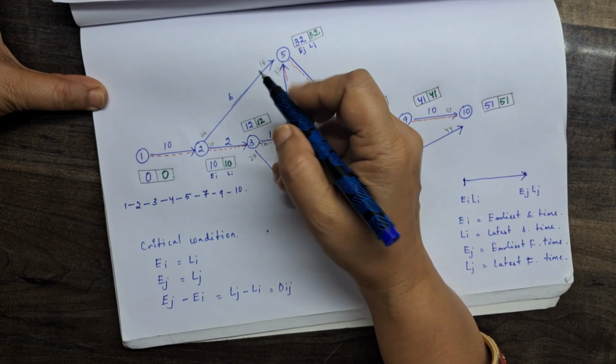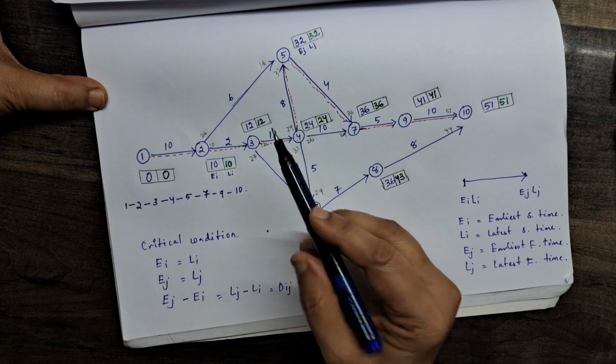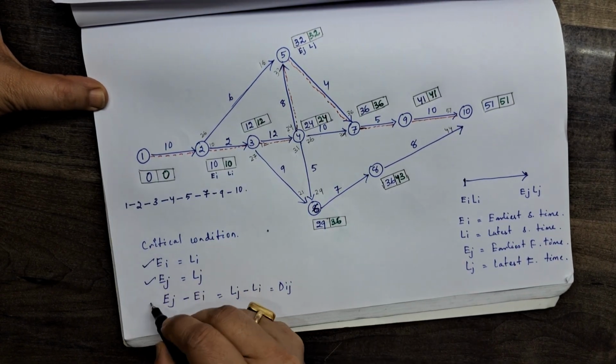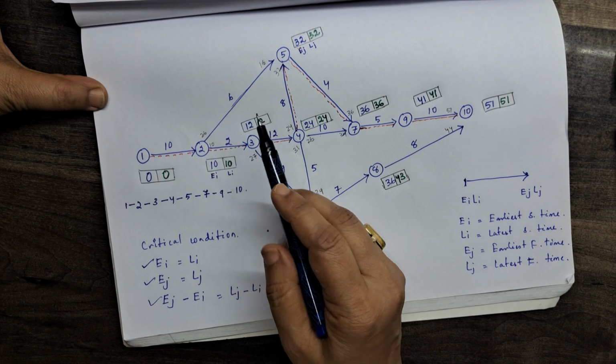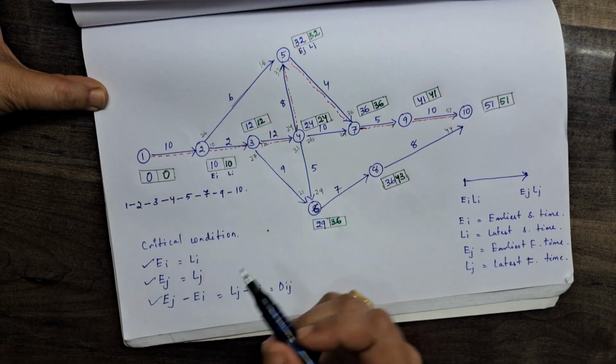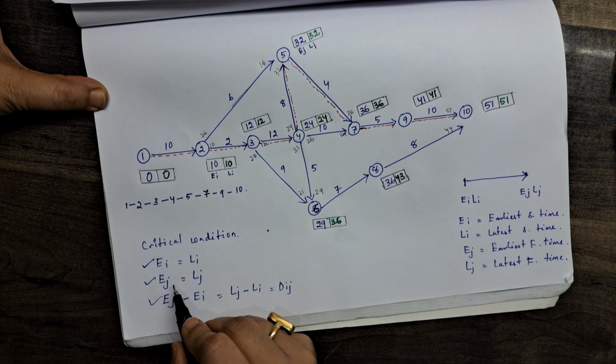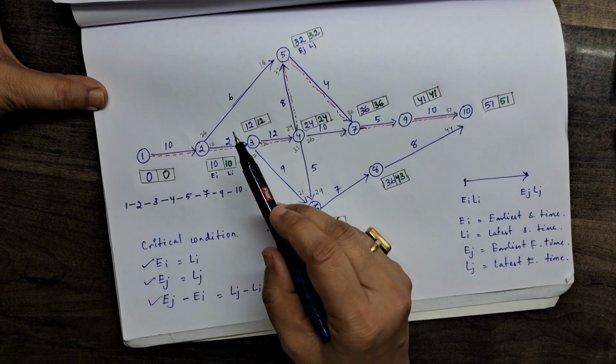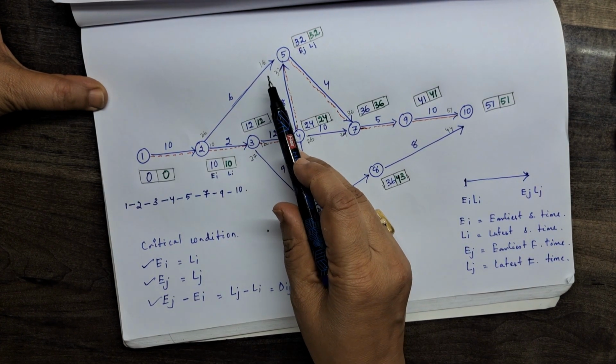So, this condition is not satisfied. When we are checking the critical path, we should check these 3 conditions. The critical activity should satisfy all these 3 conditions. After that only can we consider it a critical activity.